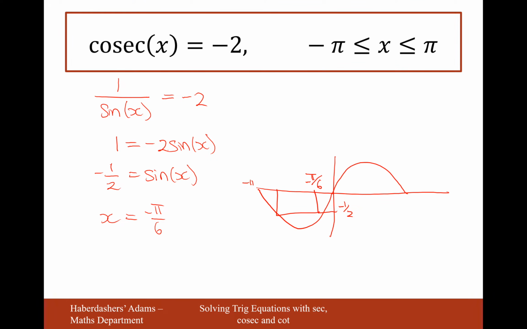This will be minus pi over here, so we'll come back by the distance of pi by 6, forwards by the distance pi by 6 rather, so this will be at minus 5 pi by 6. So our two solutions here are minus pi by 6 and minus 5 pi by 6. So there we are, that's the answer to this question.